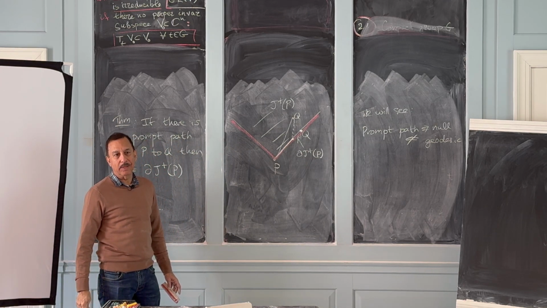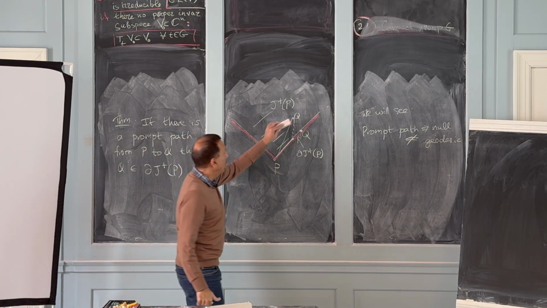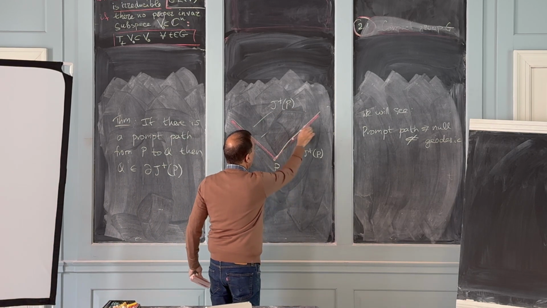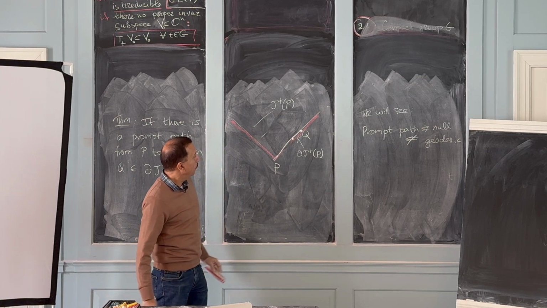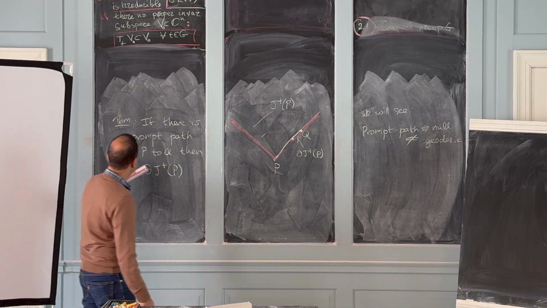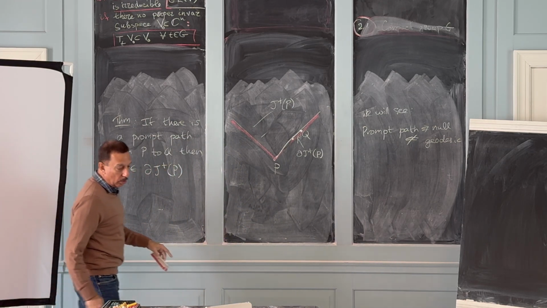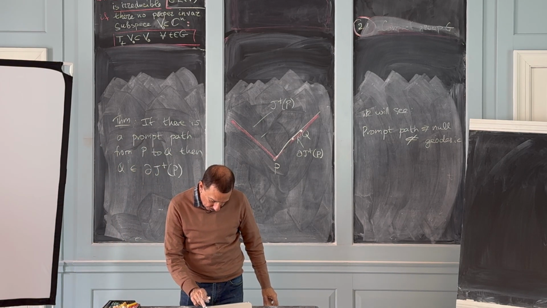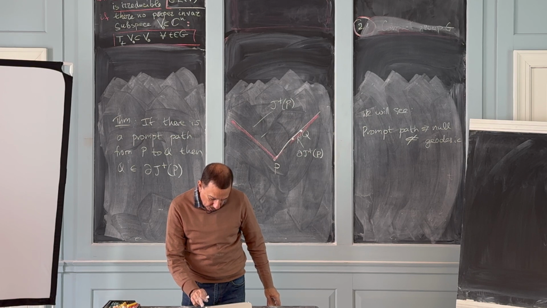So in Minkowski, it's trivial. But in a general space-time, you can still argue by topology essentially that a prompt path existing from P to Q means Q has to lie in the boundary of the future, so lies on the future light cone.